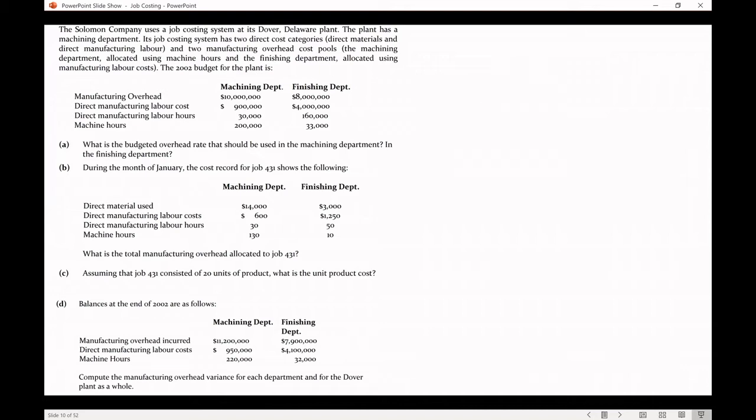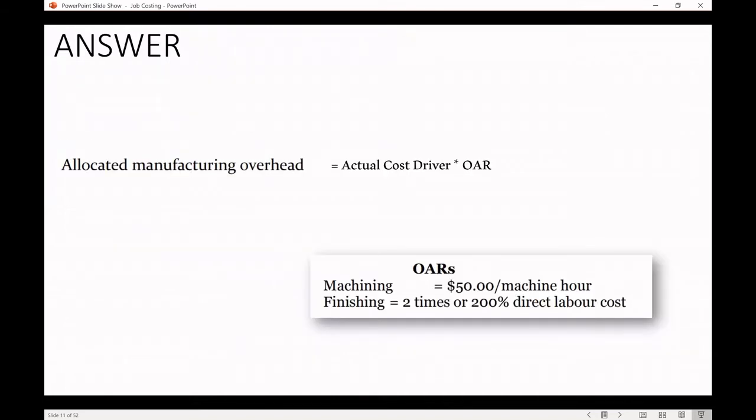What is our manufacturing overhead allocated? What's the formula for that? The formula for allocated manufacturing overhead is the actual cost driver, as it pertains to this job, multiplied by our OAR.